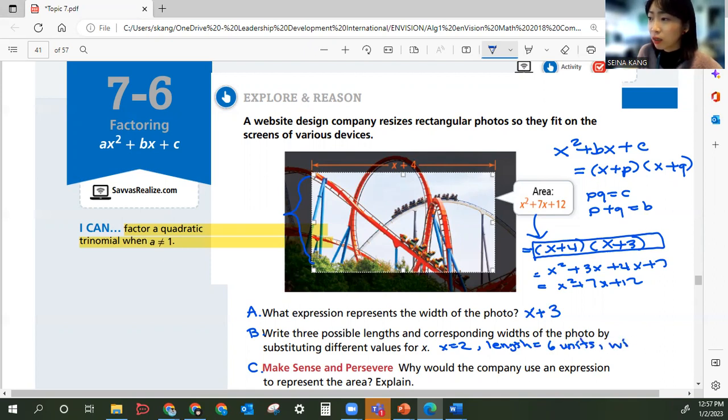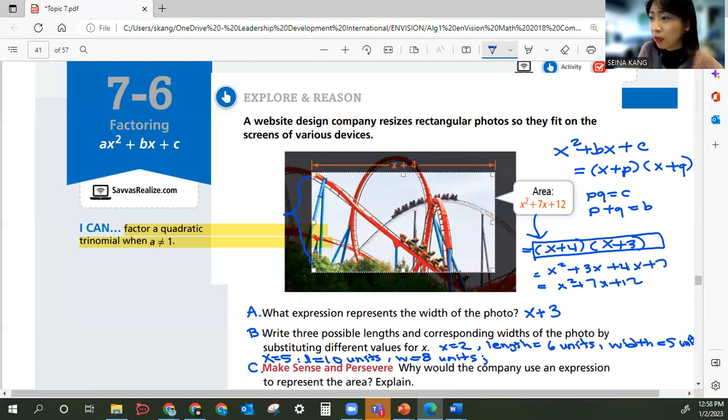And width is 5 units. And when x is equal to 5, length is equal to 10 units. Width is equal to 8 units.